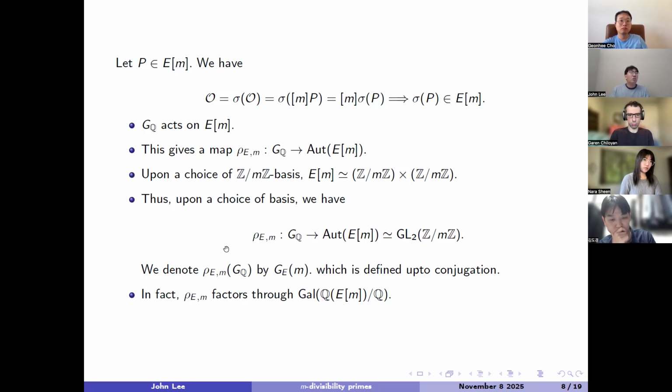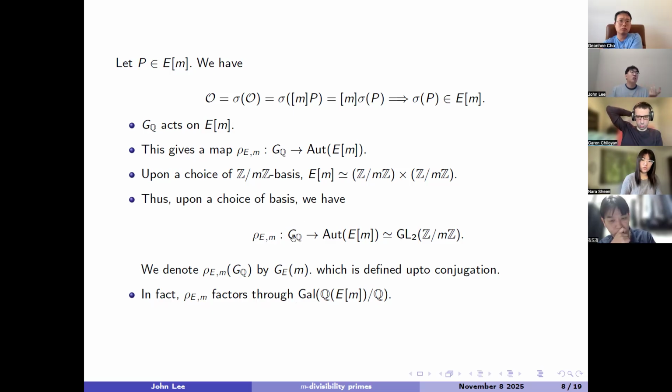And this rho EM is called the mod M Galois representation. This will be an extremely useful tool to understand the prime divisibility condition. By the way, this rho EM factors through the Galois group of Q(EM), the M-torsion division field. So that means GQ can be replaced by this one, and everything works still the same.